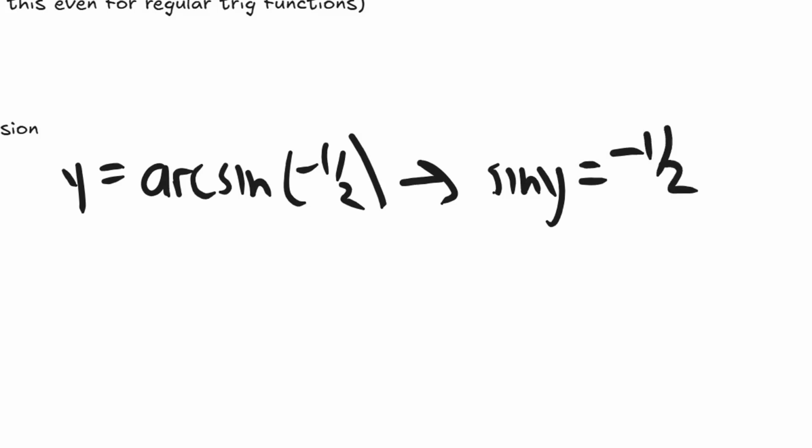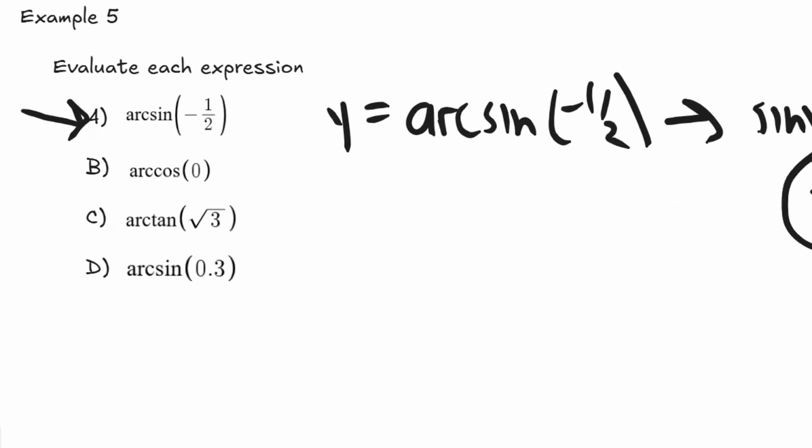Since sine y equals -1/2 two times on the unit circle, we would not have 2 answers here though, because we only want the answer that is on the restricted interval -π/2 to π/2. So y would be equal to -π/6 in this case.